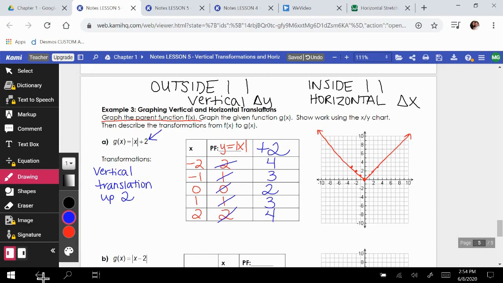Okay, and it should make it look like my graph moved up 2. So I'm going to plot the point negative 2, 4. I'm going to plot the point negative 1, 3. I'm going to plot the point 0, 2.